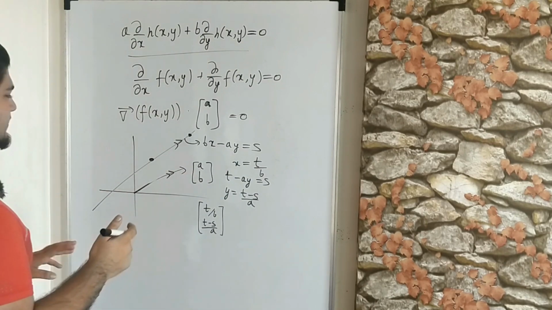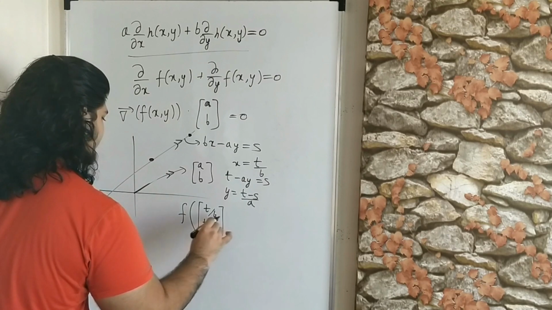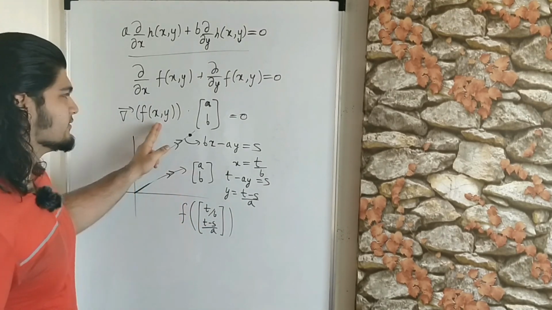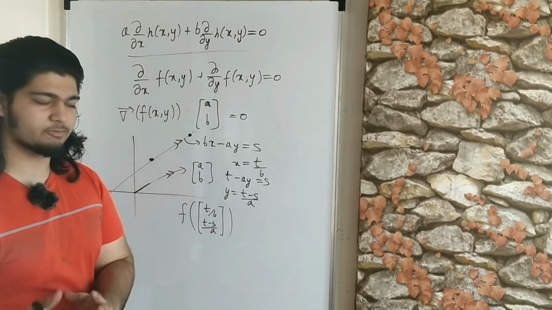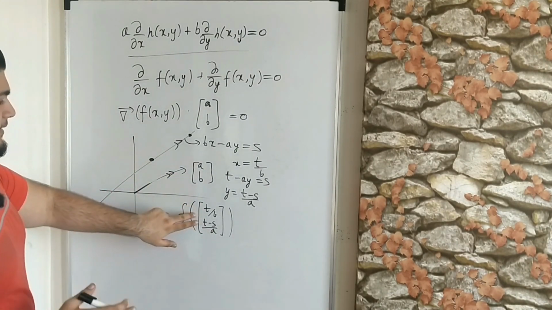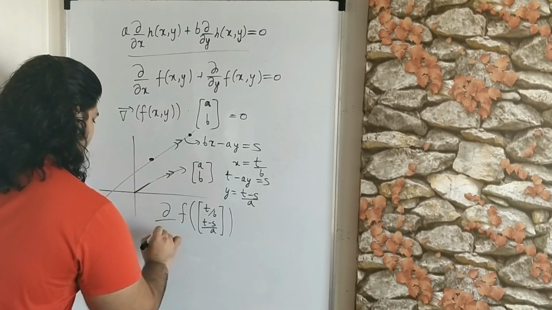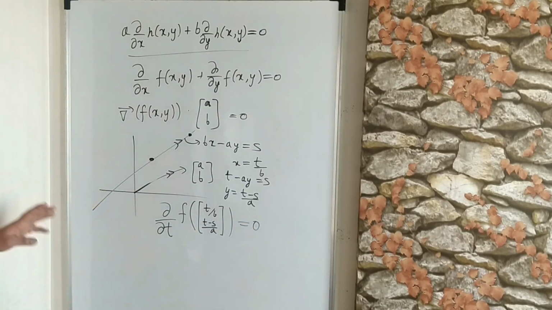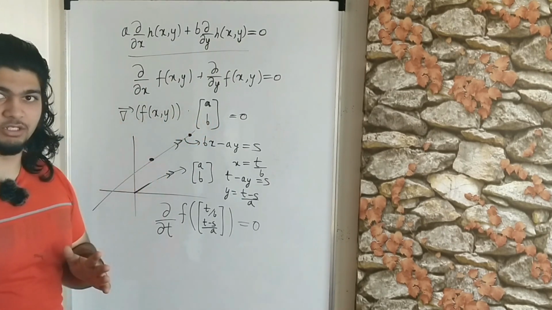So now if we take f of this vector, because ultimately f is a function on R squared, which means it's a function which takes in a vector and spits out a number, then the partial derivative along t is equal to 0, because as I said, if we move along this line, then the function does not change.